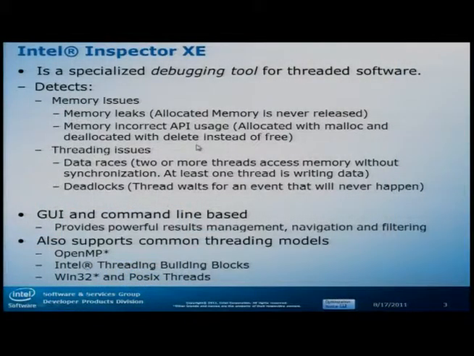So that's essentially what it is. We're trying to identify memory leaks, look for incorrect API usage, or maybe not matching the allocate and deallocate APIs correctly. But perhaps more significantly, and we'll get into this, threading issues. Again, the case where we're looking for the possibility that data races may occur, and the same for deadlocks.